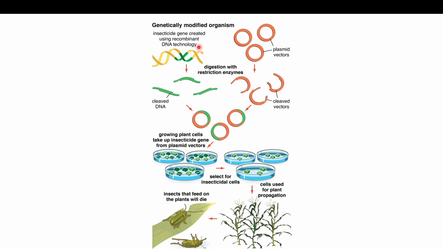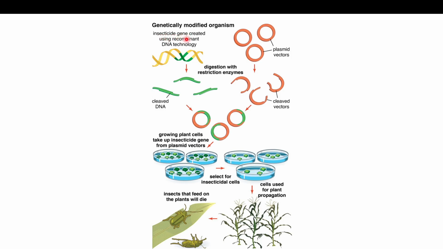What is the general flow of preparing a genetically modified organism? Suppose a particular plant pest is there. We need to stop that pest from infesting the plants. Suppose some kind of gene that is harmful for the insects or pests is encoded by a certain gene.